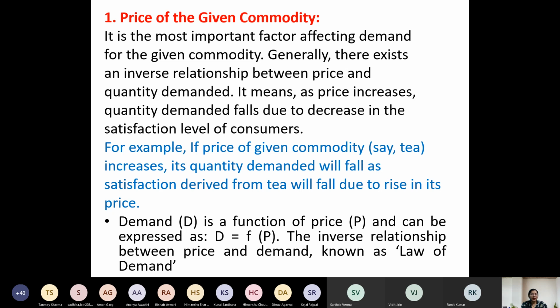For example, I love to have tea, right? So I used to consume tea 3 or 4 times a day, right? I used to buy Taj tea.